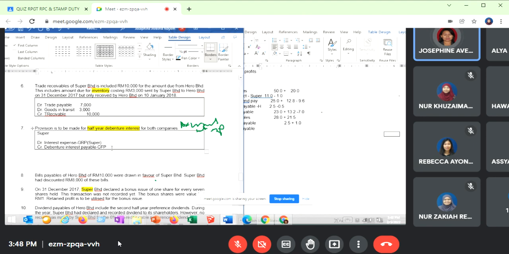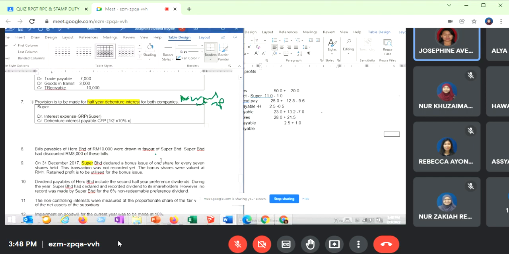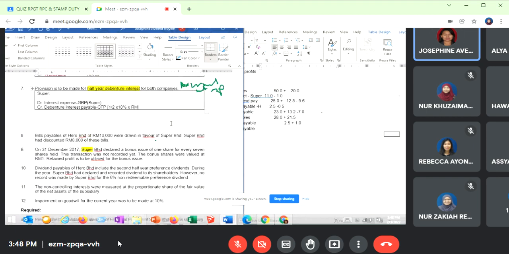Now we do the calculation. How much is the interest? So it says half. Interest rate is 10%. Super's debenture is 50,000 times 10%, right?